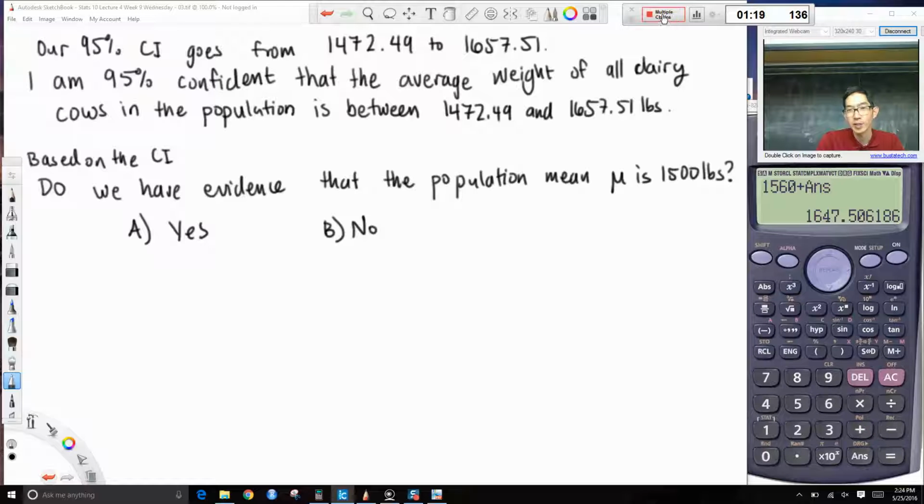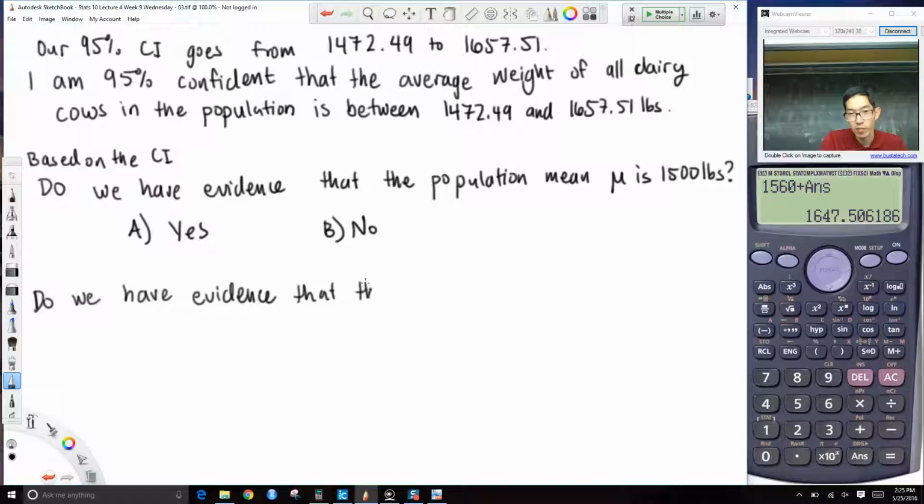I'm going to go ahead and ask the next question. Do we have evidence that the population mean mu is not 1,500 pounds?